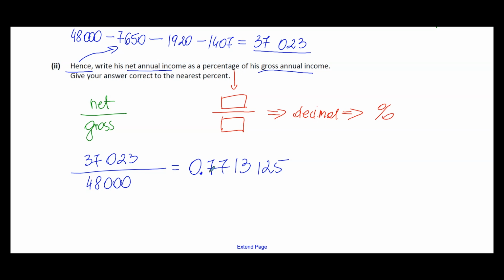How? Either we multiply by 100, or we move the decimal place two places. So therefore it will be 77.131255%. And then we look at the terms and conditions and give your answer correct to the nearest percent. So the 1 is going to get cut off, therefore 77%.